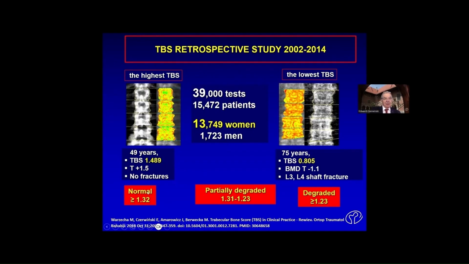We have normal bone structure, more than 1.32, partially degraded 1.31 to 1.23, and degraded less than 1.23. And here you have two of our patients. This patient got TBS 1.4 and T-score for her spine is plus 1.5, and had no fracture. And this lady, 72 years old, TBS is 0.8, her BMD T-score is -1, and she has a shaft fracture of the femur.